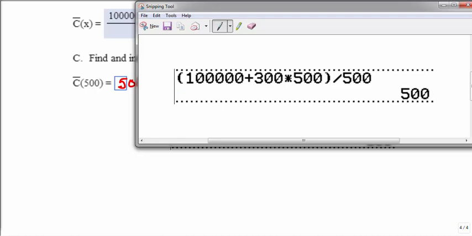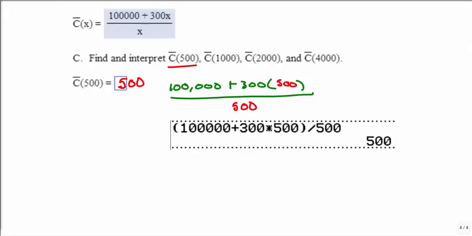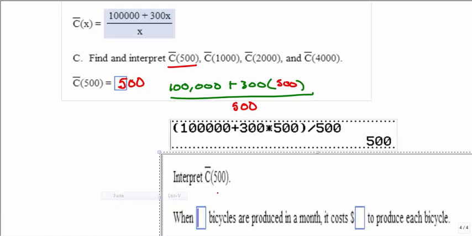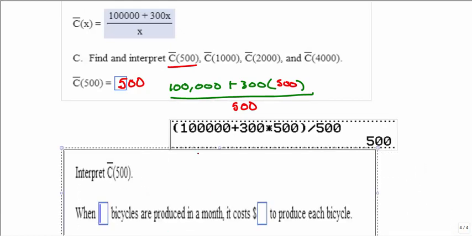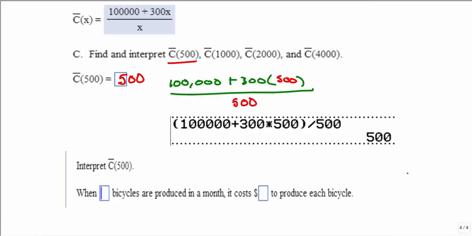Let me see here. So let's go ahead and interpret these. This question is saying, how many bicycles are produced a month, it costs blank to produce each bicycle. Well, they gave us 500 here.